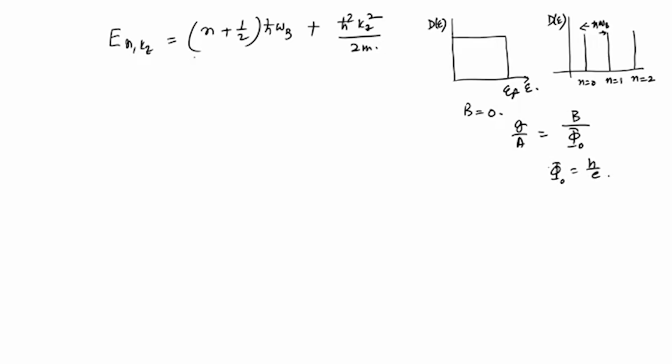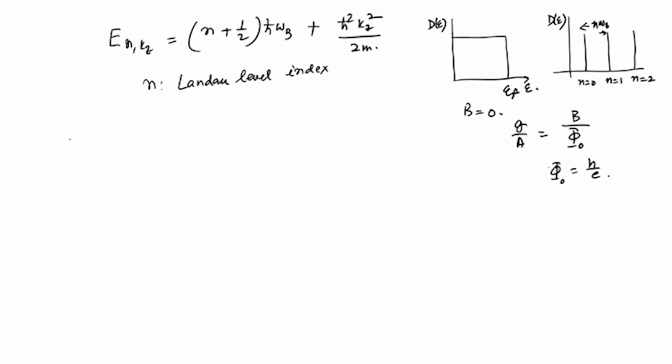Okay. So, we are taking that input, that the energy level in 2D is (n plus half) h cross omega b, n being the Landau level index, from n equal to 0, 1, 2 and so on.